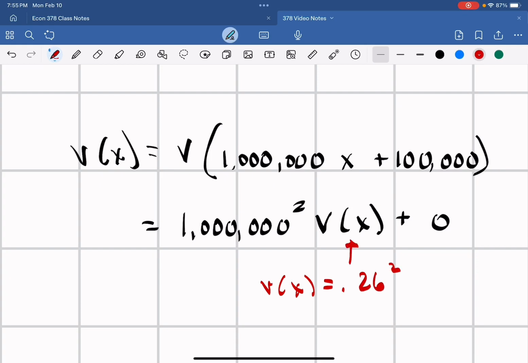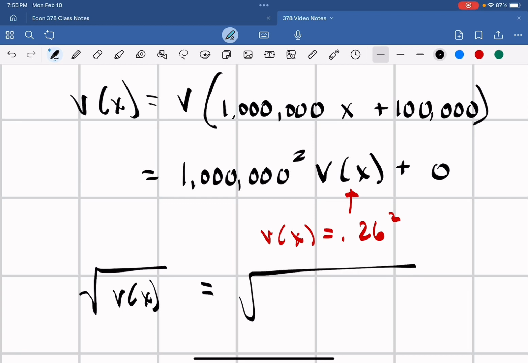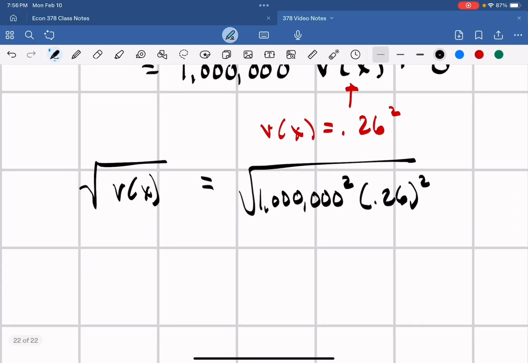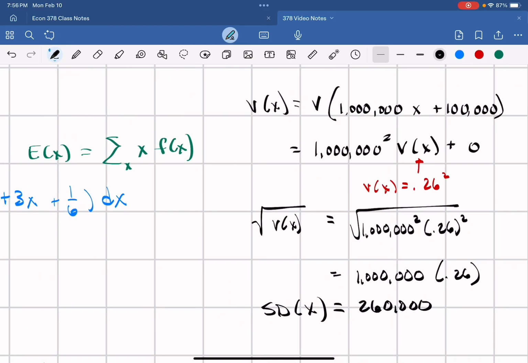Or we can just take the square root of the variance, which would equal the square root of 1,000,000 squared times 0.26 squared, which is equal to 1,000,000 times 0.26, and that is equal to 260,000, which is the standard deviation of our new x. So there we can put that in brackets.